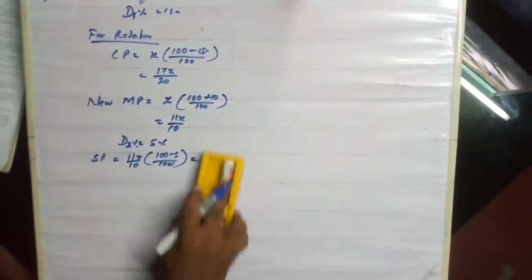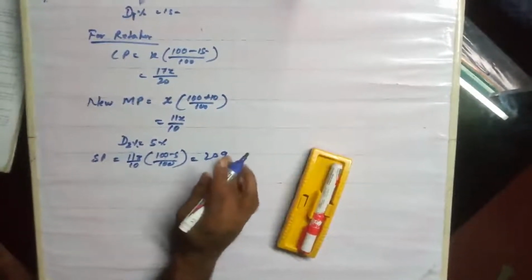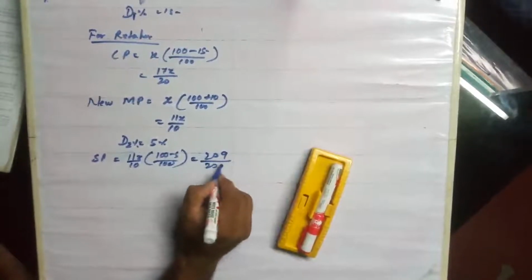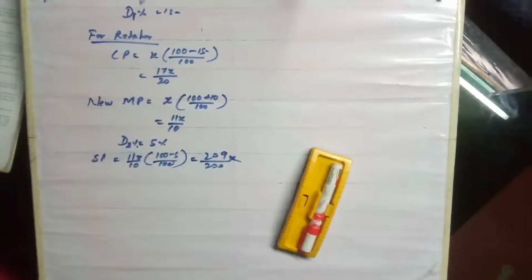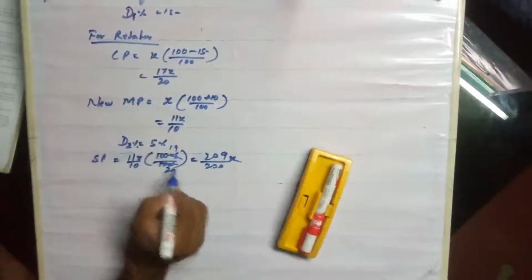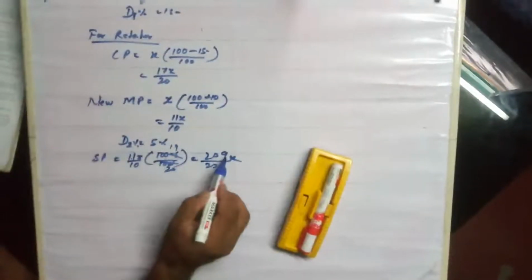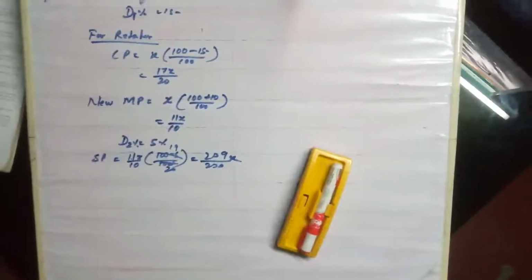Sorry, this is 209 by 200, I think. Check it correctly. 19 by this is cancel, so this will be 19 by 20. 11 9s are 99, 9 left, 11 1s are 11 plus 9, 209x by 200. Okay, so this is the SP.